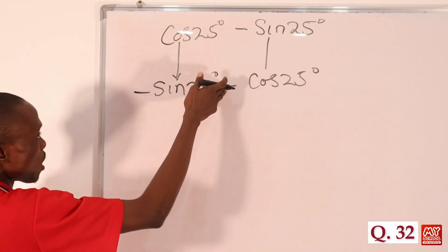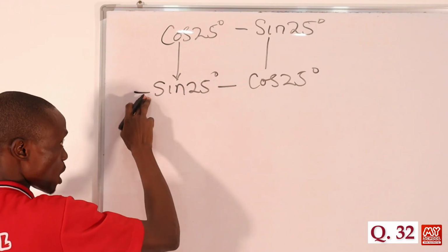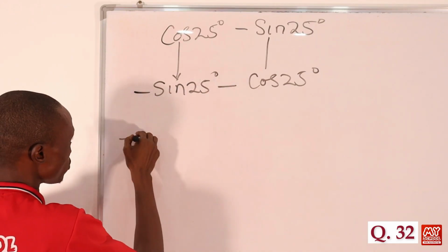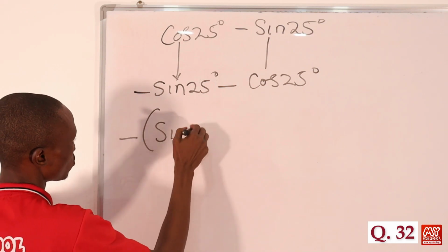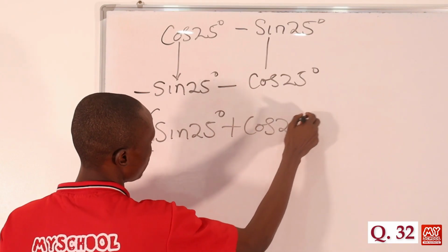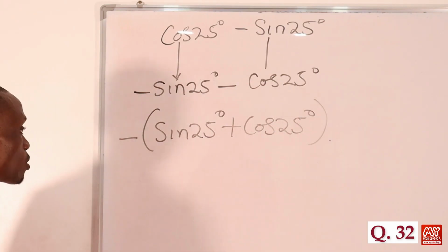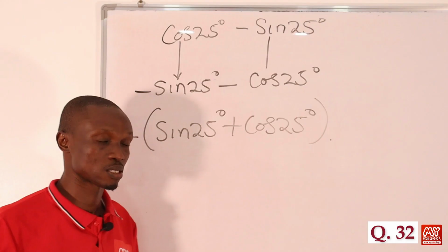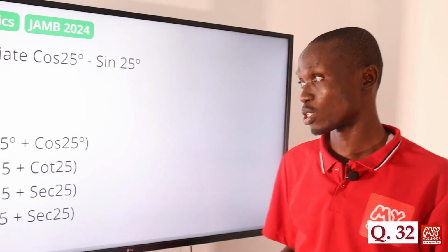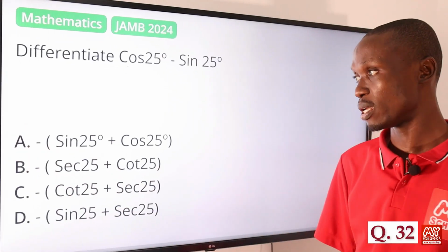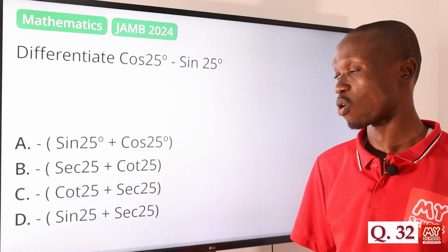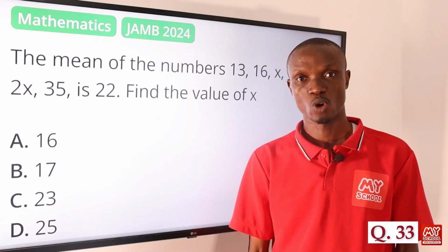Okay, since we have minus and we also have minus, we can factor out the minus, so that we'll be having sine 25 degrees plus cos 25 degrees. Okay, so let's return back to the screen to choose the correct answer to this question. So from our calculation, the correct answer is option A, minus bracket open sine 25 degrees plus cos 25 degrees.